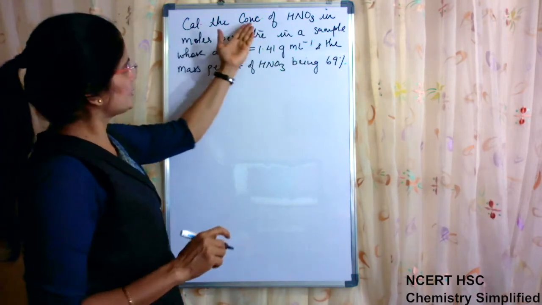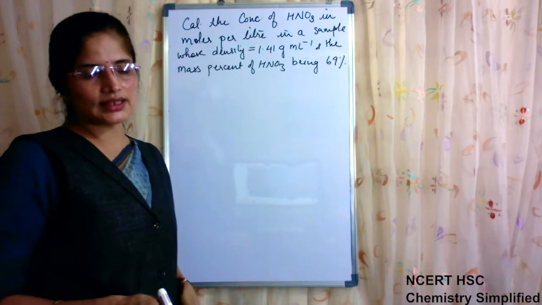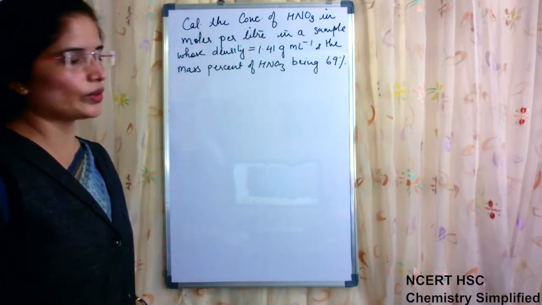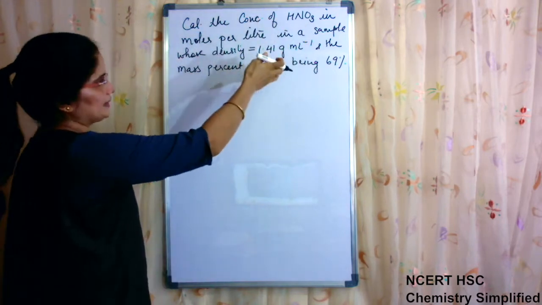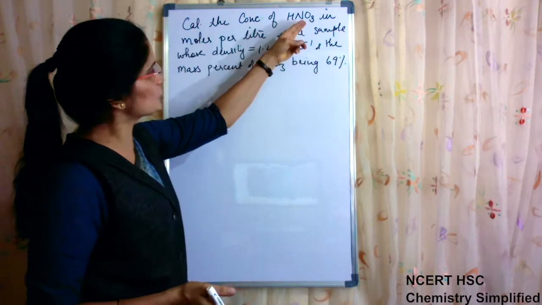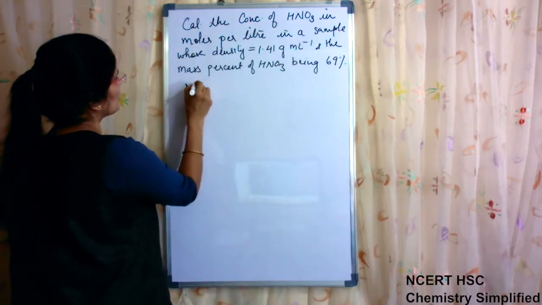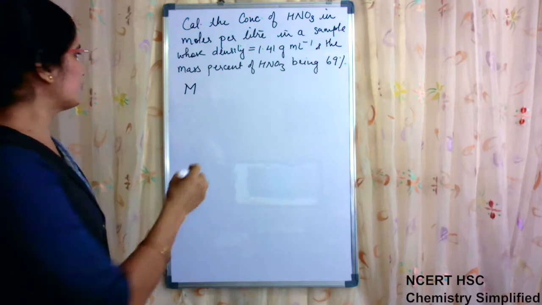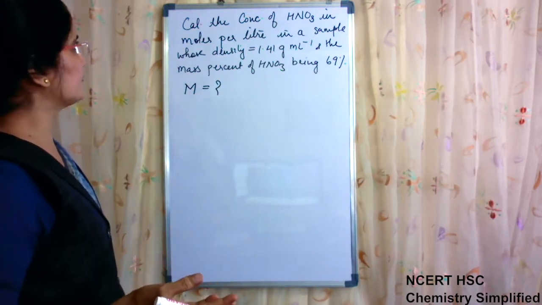Now calculate the concentration of nitric acid in moles per liter. First, we have to identify what to calculate. The concentration of HNO3 in moles per liter. We have many ways of expressing concentration, but they are asking for the concentration of nitric acid in moles per liter. That means they are talking about molarity. Then we have to see which quantities are given.